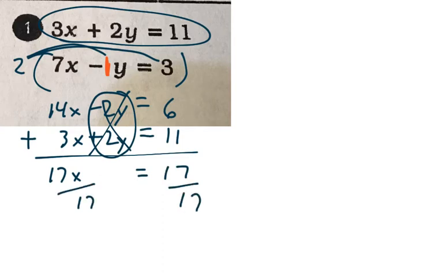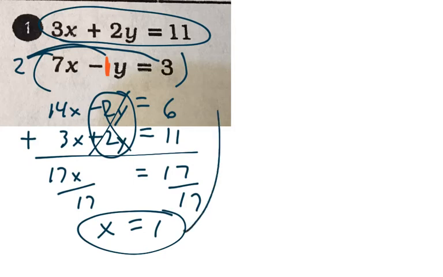Once I divide by 17, x is 1. Am I done though? No. I got to plug it in to find the y. So I'm just going to use that first equation right up there. You can use any one of these equations, by the way. They're all part of the same system. Now, I'm going to plug in 1 for x.